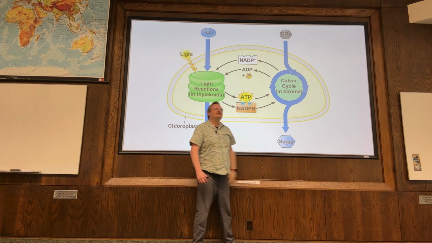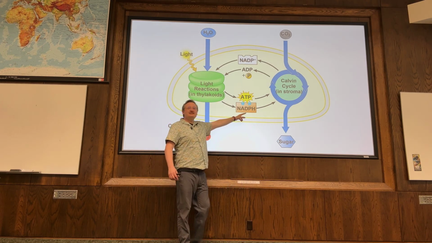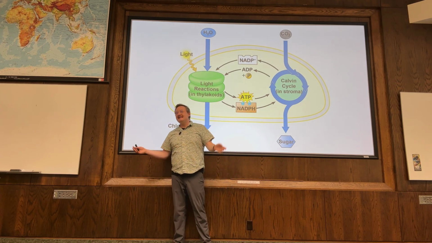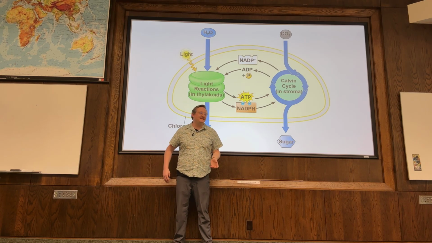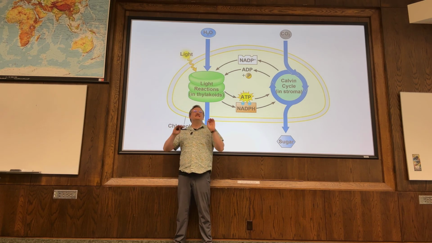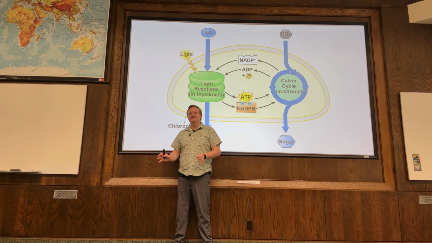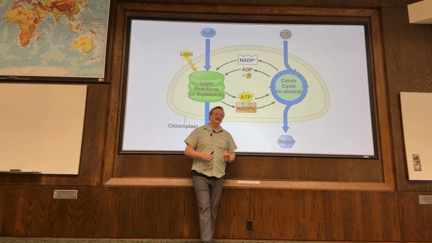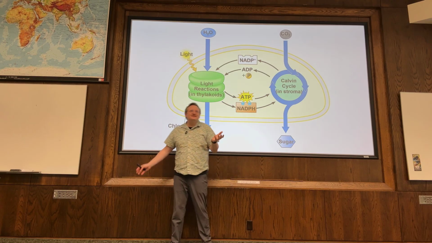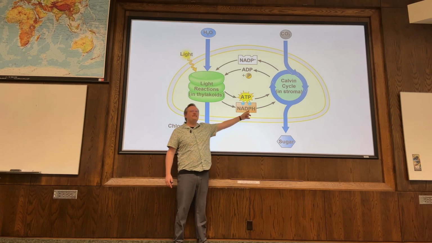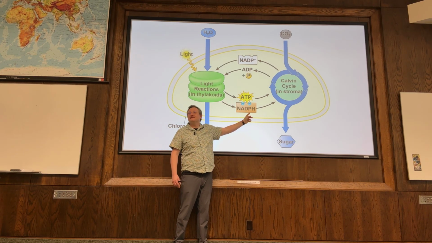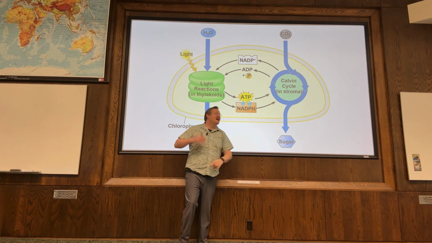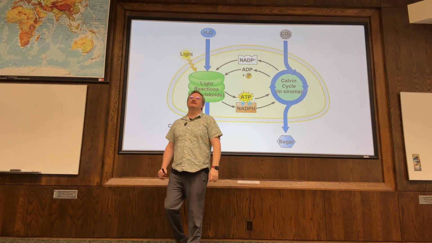So NADPH is like NADH, but it has a phosphate group on it. It serves exactly the same function, but this is the electron carrier in photosynthesis. A little mnemonic device: P for plant, or P for photosynthesis, as opposed to NADH in cellular respiration.